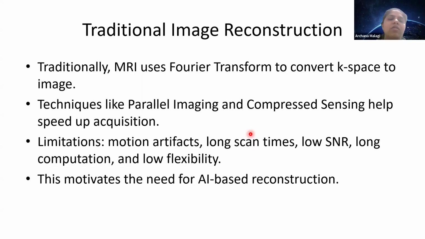The limitation is that parallel imaging and compressed sensing are iterative in nature. So they are processing the imaging line one at a time through a loop. So it takes so much time. You need very high computation power to speed up those reconstructions.